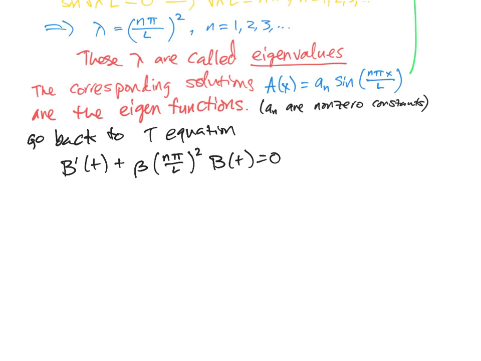And this is just a first order equation. We get b prime equals some constant times b. So b is going to have to be an exponential function. Depending on what n is, we get the solution bn of t equals little bn e to the negative beta times n pi over L squared times t. And so we have a solution for each n.